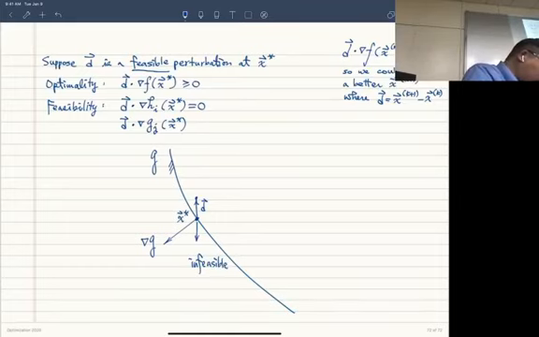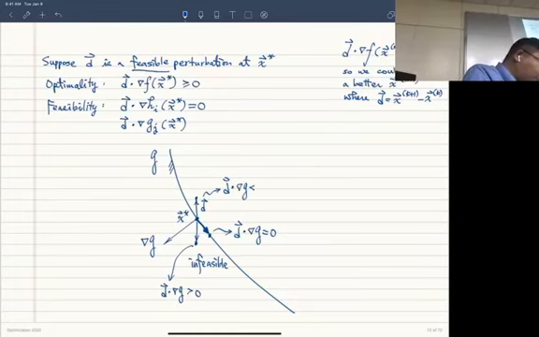If so, this is the case of d dot gradient g positive, and if it's a perpendicular movement, then in this case your d dot your gradient is 0. And over here, this is the case where your d dot your gradient g is negative.